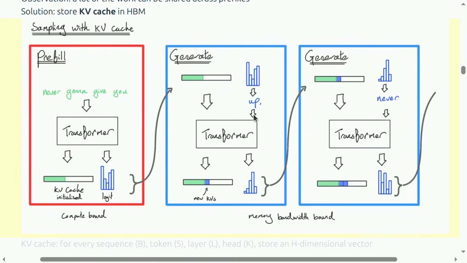Then this gets fed in. So now you have the augmented KV cache, you have these logits, you sample, and then that feeds to the transformer. You output the distribution of the next tokens, as well as the new KV, which you add to the KV cache, and so on and so forth.